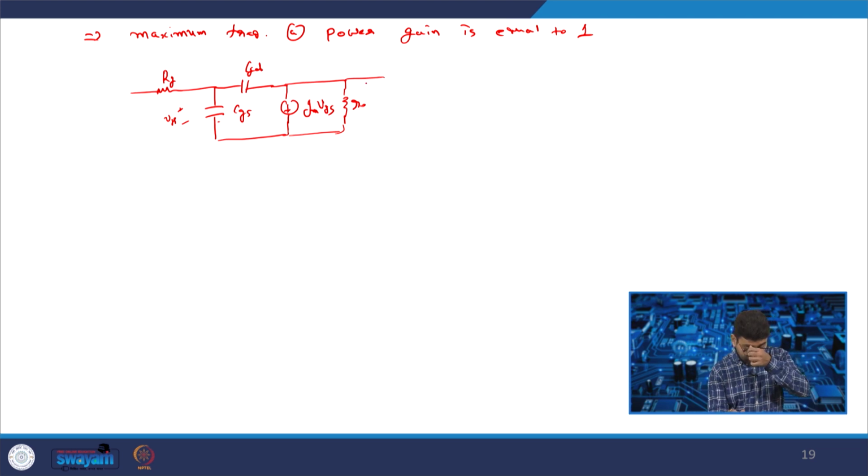When we want to find the output impedance, we will give a test voltage and find the test current, and this is connected to the ground. This is a test voltage Vt and test current It. So, now we will find the relation between Vt and It.